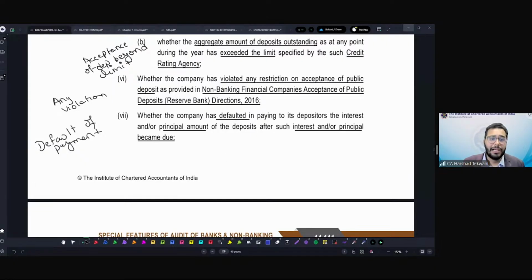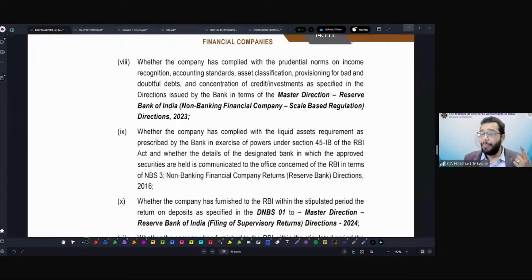Then the next part is very important, that we have discussed on the prudential norms: whether the company has complied with the prudential norms on income recognition, accounting standards, asset classification, provision for bad and doubtful debts, and concentration of investment and credit specified in the directions.